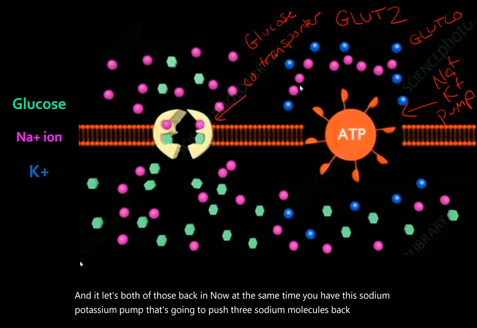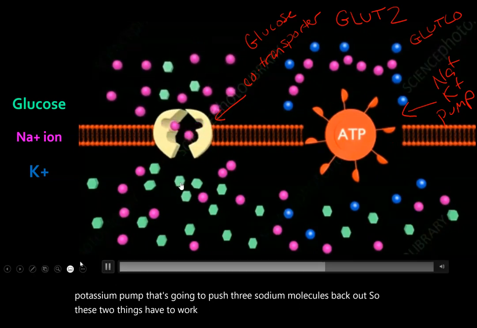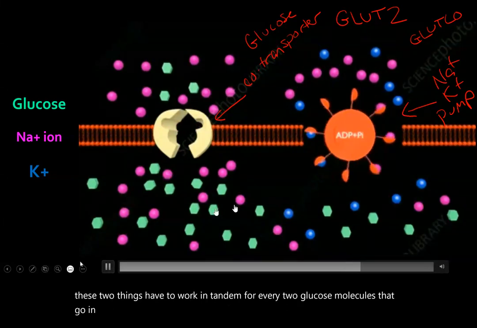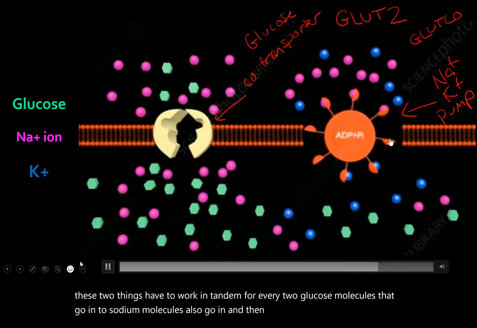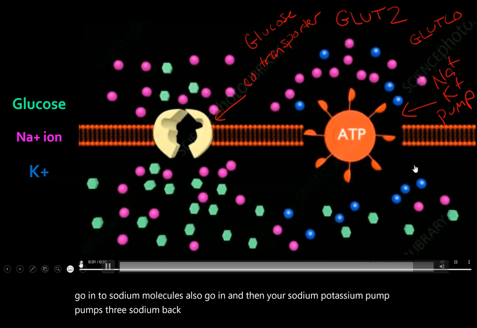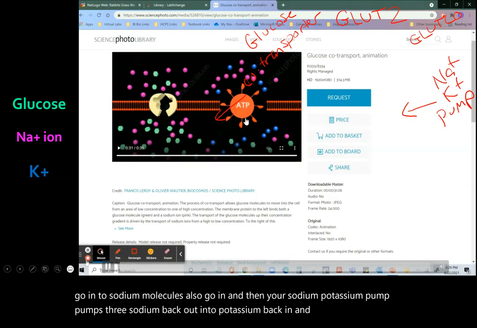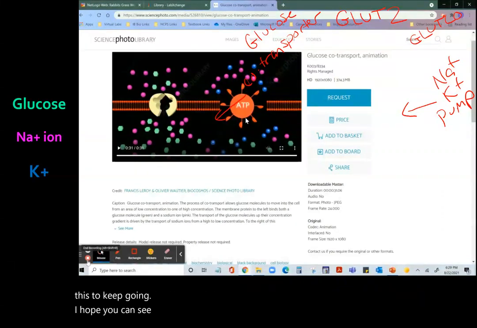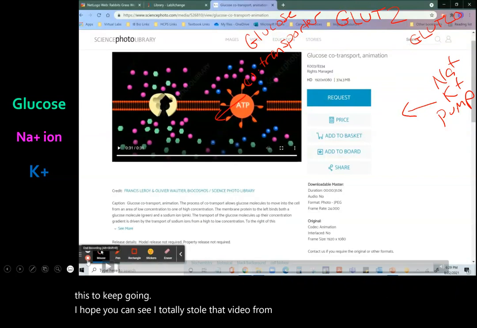So these two things have to work in tandem. For every 2 glucose molecules that go in, 2 sodium molecules also go in, and then your sodium potassium pump pumps 3 sodium back out and 2 potassium back in. And that's what allows this to keep going. Oh, yep, you can see I totally stole that video from somewhere else. That's okay. Let's rewatch it.